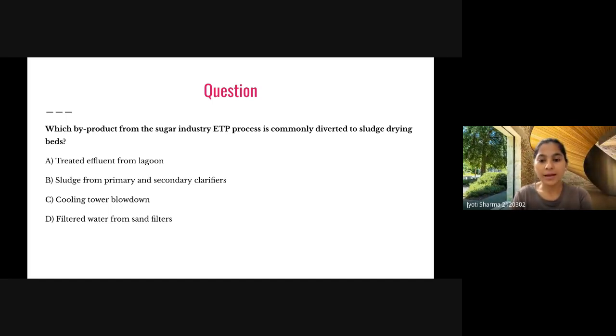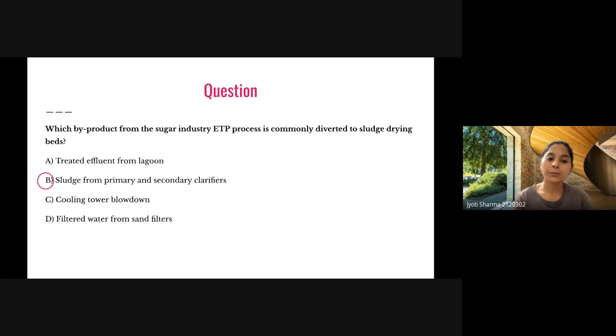What do you think? What is the right answer? Whatever waste you will have, which would be diverted to the sludge drying bed? Venkateshwara, Dia, okay, both gave me a B answer.